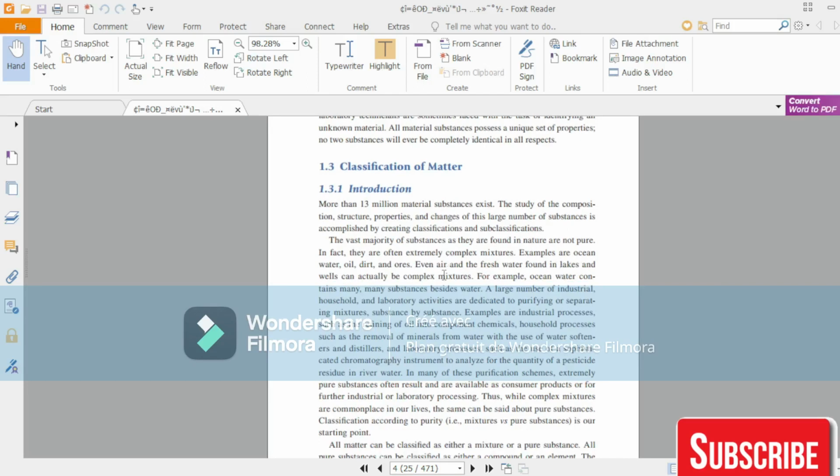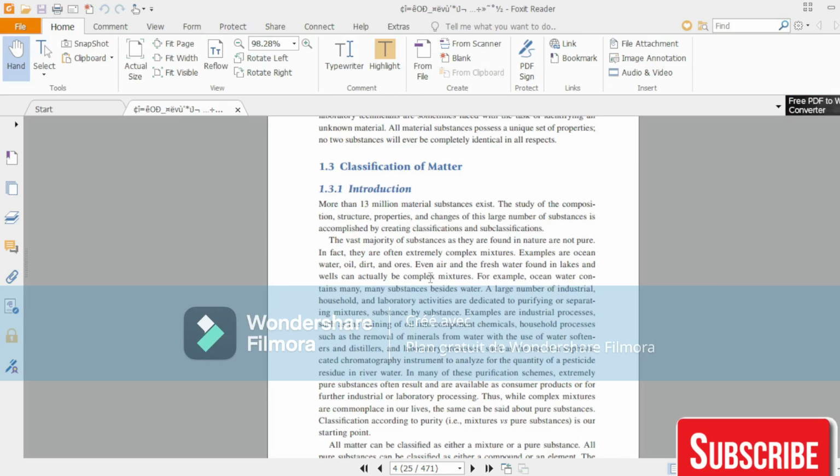In fact, they are often extremely complex mixtures. Examples are ocean water, oil, dirt, and ores. Even air, and the fresh water found in lakes and wells can actually be complex mixtures. For example, ocean water contains many substances besides water.